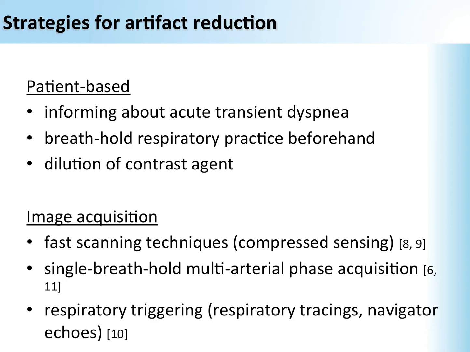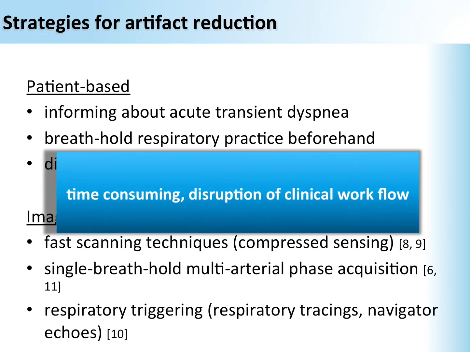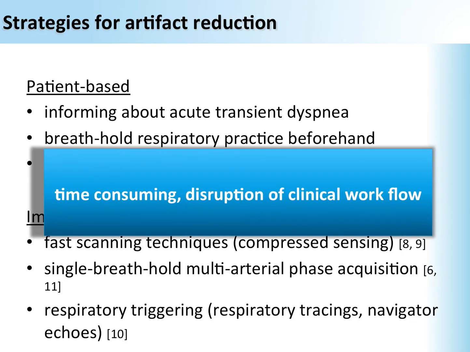The problem here is that it is quite difficult to time the arterial phase images because of the long scanning time. You can also use single breath hold multi-arterial phase acquisition, so the patient just has one single breath during the acquisition. The problem with all these strategies is that they are time-consuming and they disrupt the clinical workflow.